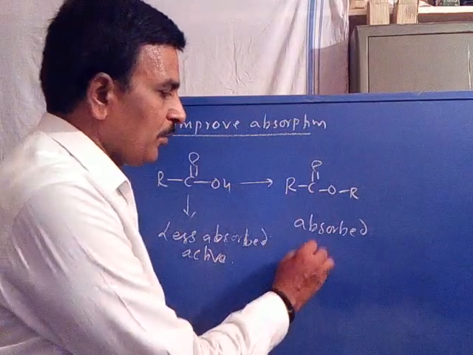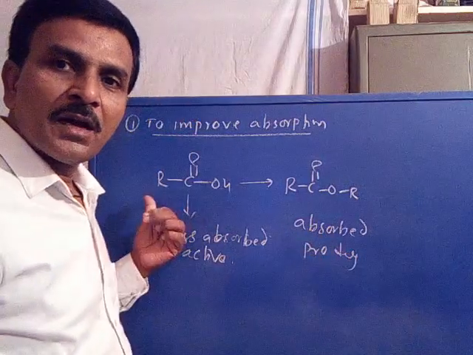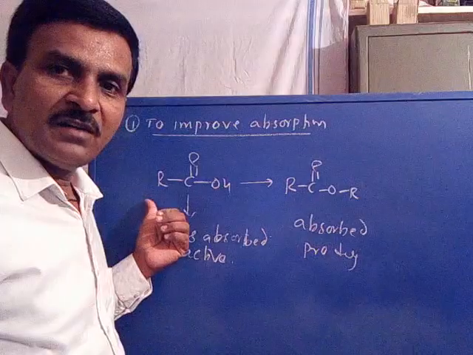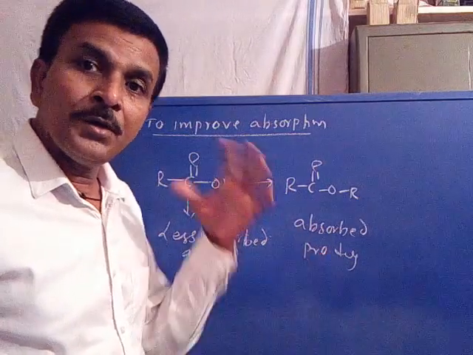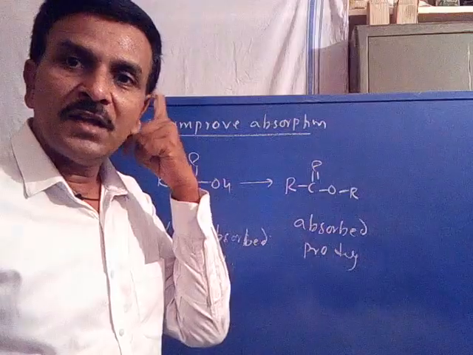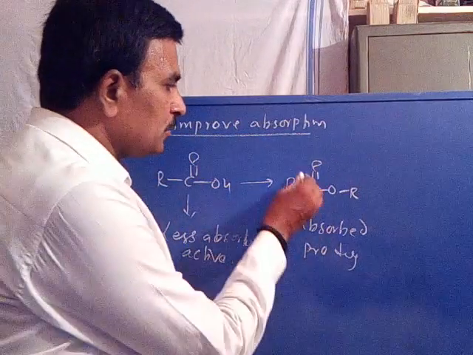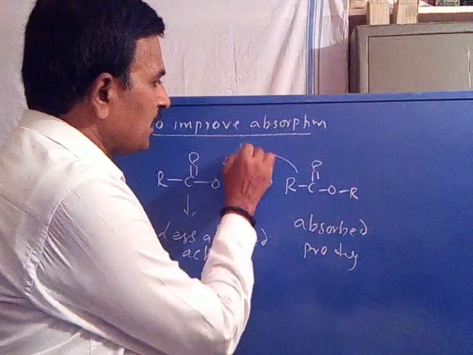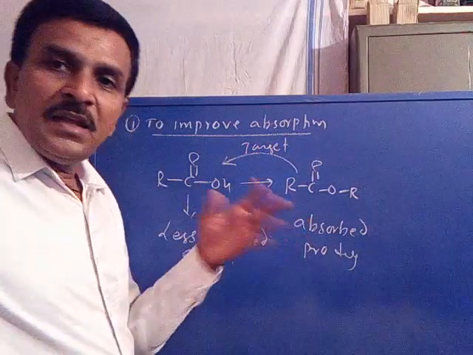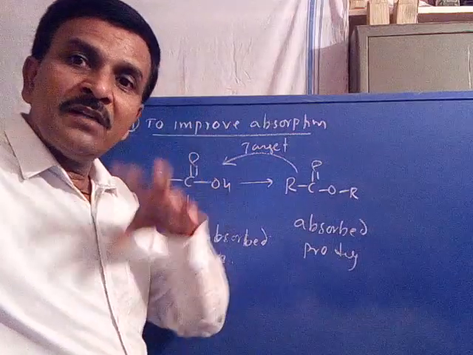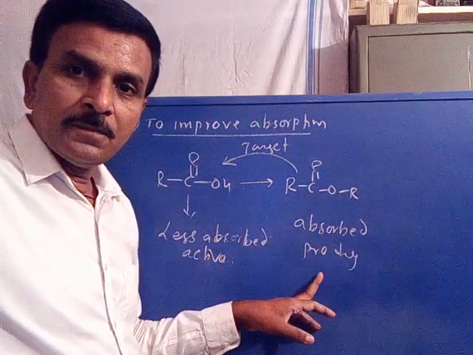Now ester is a prodrug. Ester is a prodrug for the carboxylic acid group or carboxylic acid drug. Now it is more absorbed due to its less polar or less hydrophilic nature. After reaching the target, it is again converted back. During its application and absorption, it is in the form of ester, that is, in the form of prodrug.